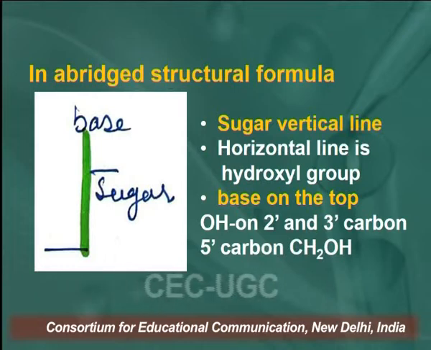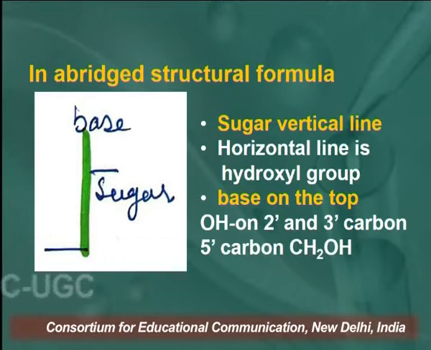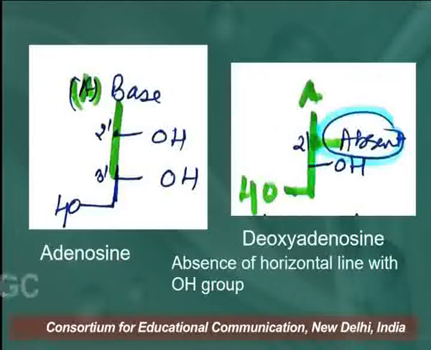If there is a nucleoside, the 5 carbon has a CH2OH group, and if there is a nucleotide, the 5 carbon has CH2OPO4, right. So this is the abridged structural formula.